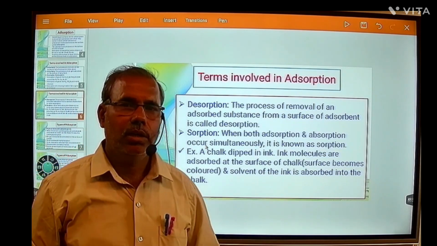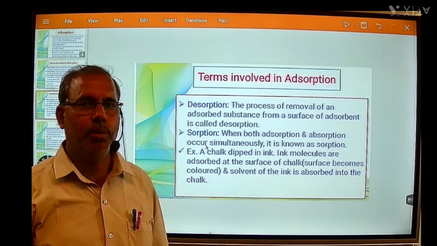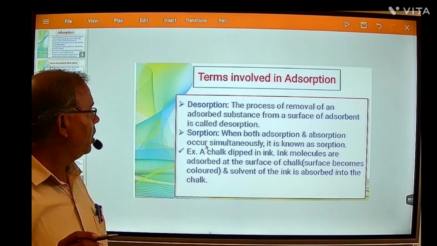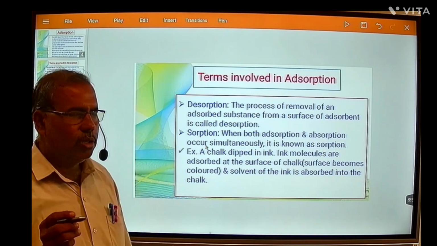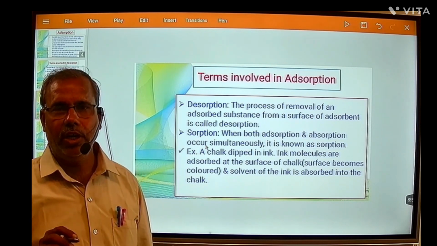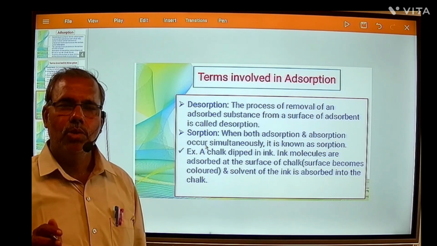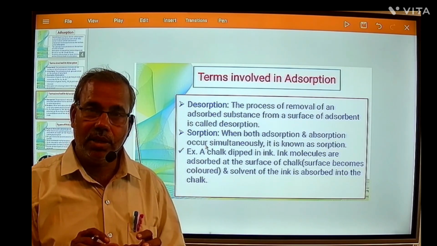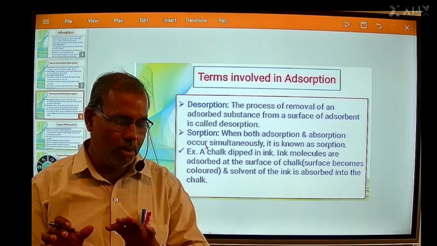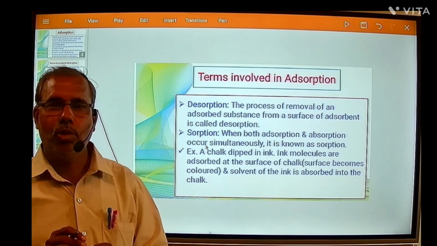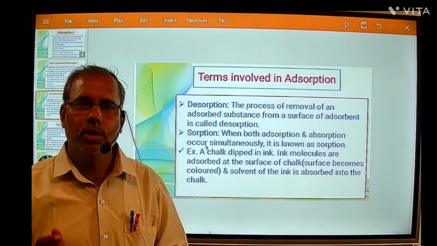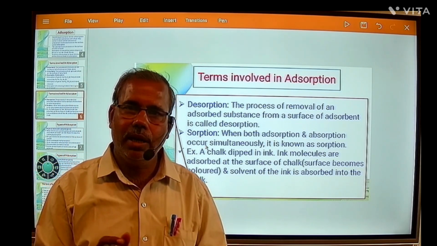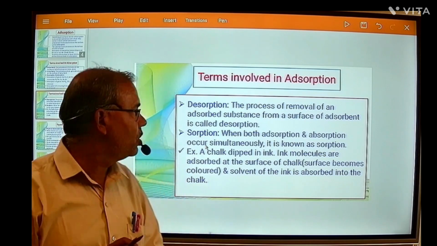Then the next term involved in the phenomenon of adsorption is desorption. Desorption means the opposite of adsorption. D means removal. Whatever particles of adsorbate are adsorbed on the surface of the adsorbent, if they are removed from the surface reversibly, by any reason, then it is called desorption.